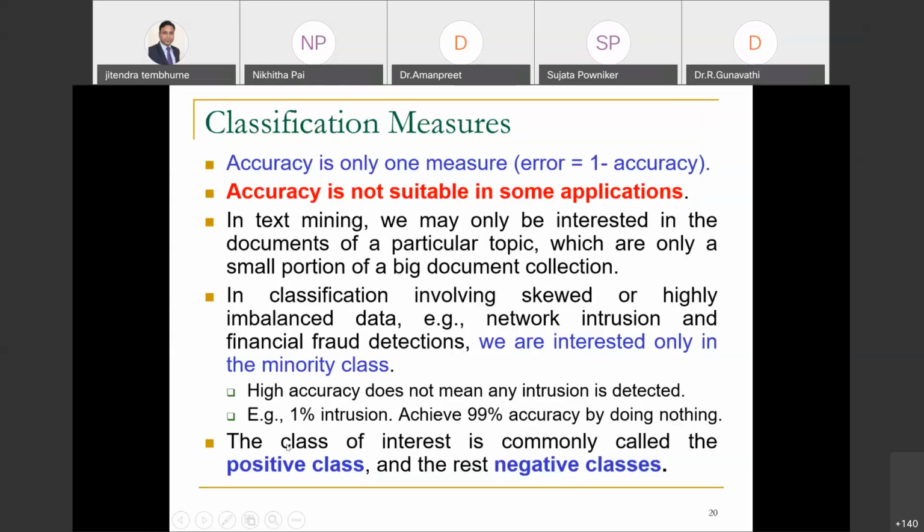Now, we have seen that accuracy alone is not the measure. Then there are the different classes of interest, which are very important. The class of interest is commonly called the positive class, and the others the negative class. The positive class is defined with respect to the problem on which you are working.